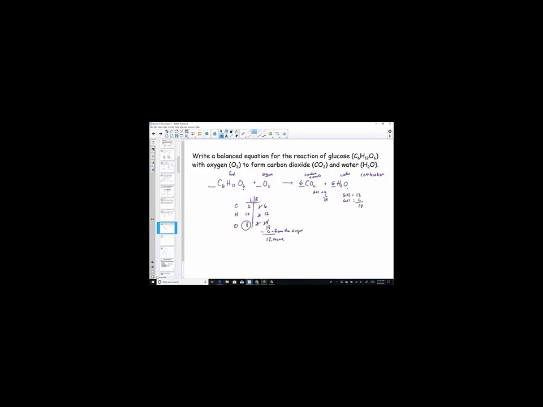I don't want to put a coefficient here because I would change the carbons and the hydrogens, and I don't want to do that. I've got them all behaving. I don't want to put a coefficient there and mess them up. So I want to place a coefficient here that when added to the 6 oxygens present in the fuel, in that sugar, will give me a combined total of 18. 6 of them are already taken up from the sugar molecule, so we need 12 more.